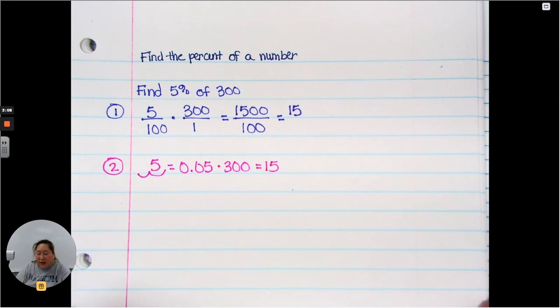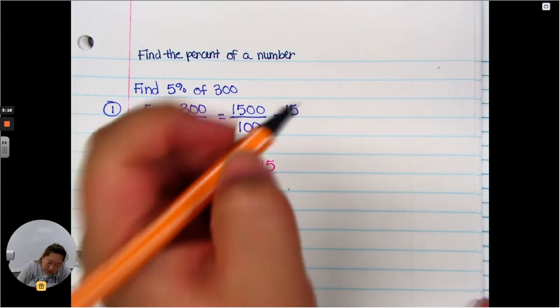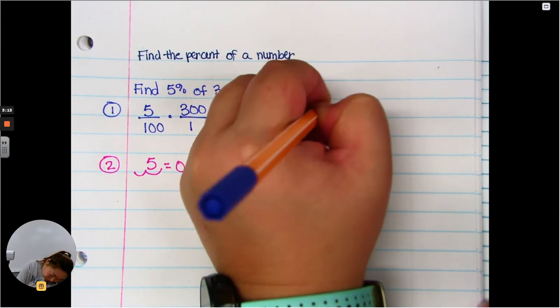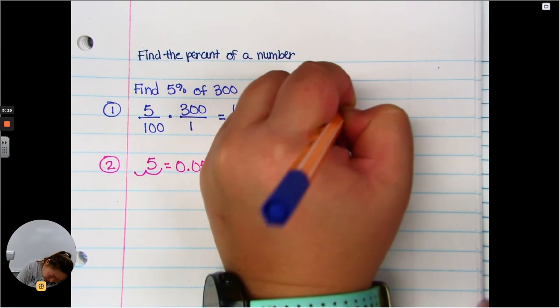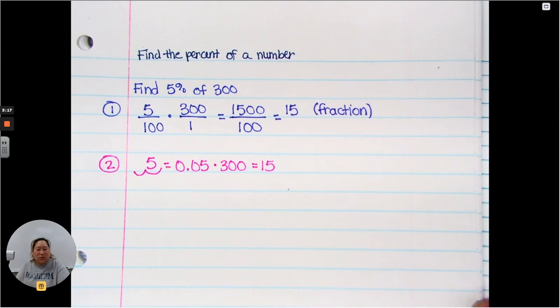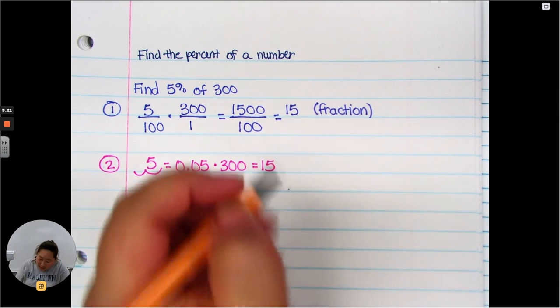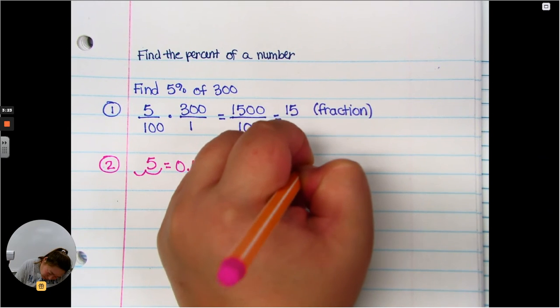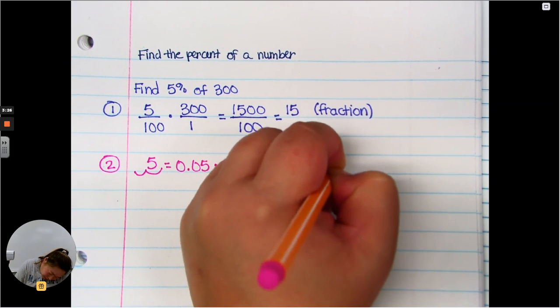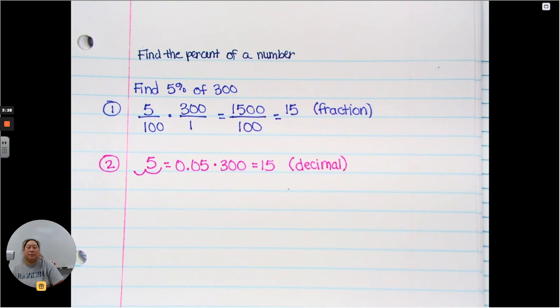If it says find 5% of 300, this is the fraction way, because it might ask you to do this as a fraction, or it might ask you to do this as a decimal. So make sure you're reading the questions really carefully. Okay, so find the percent of a number. We can do it as a fraction or we can do it as a decimal.